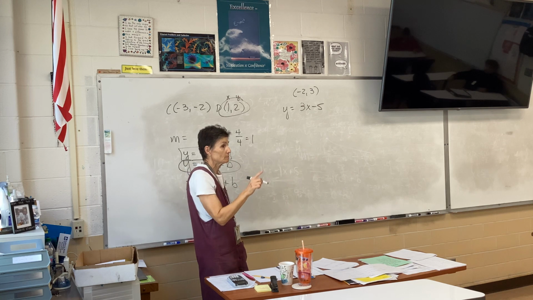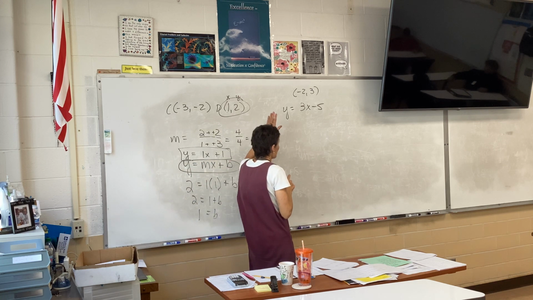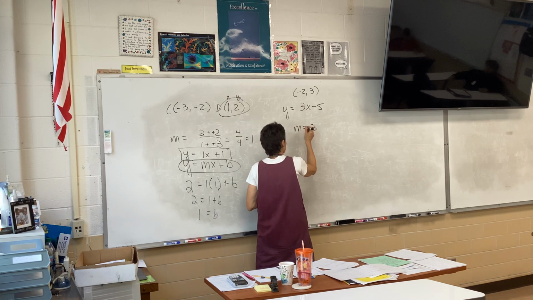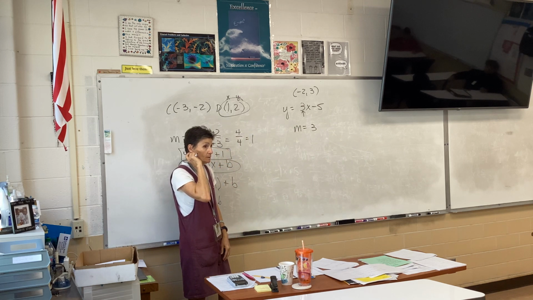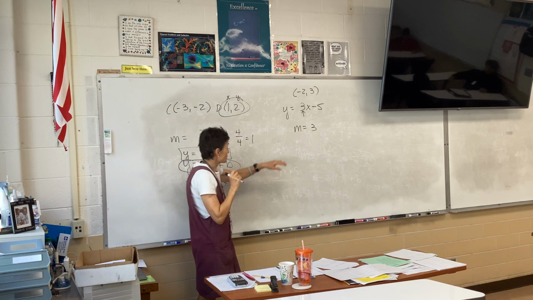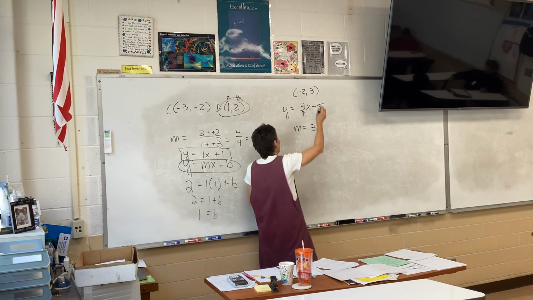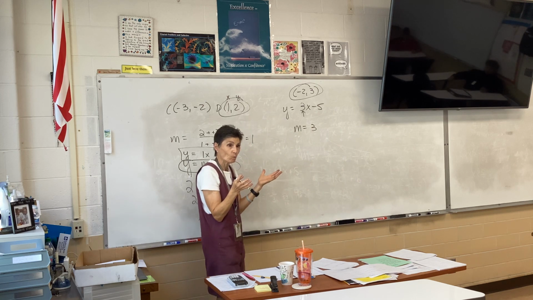Same slope. So basically, you're gonna write a line and you already know the slope has to be the same as this one. So the slope is 3, and your point, you only have 1 this time, you don't get to pick, you only have 1.